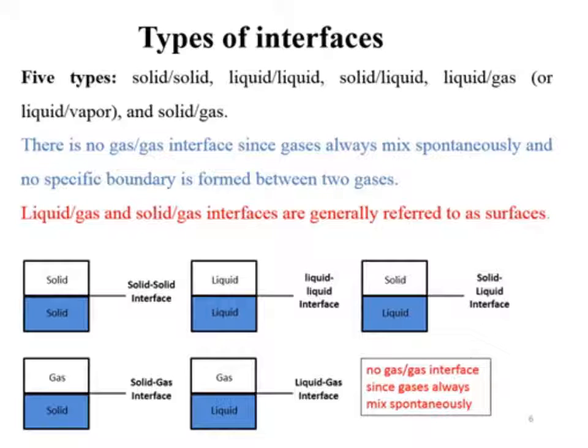It means that they do not form immiscible phases. When there are no immiscible phases, there can be no interface. So there is no gas interface, since gases always mix spontaneously.